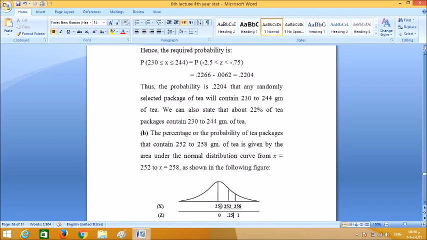Like this. This is the mean, and we want to get this probability.